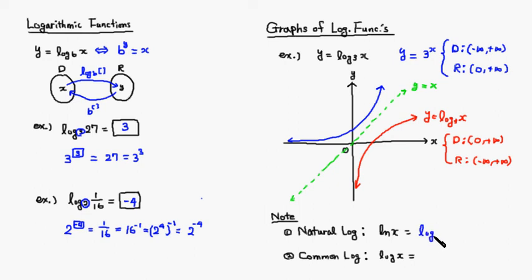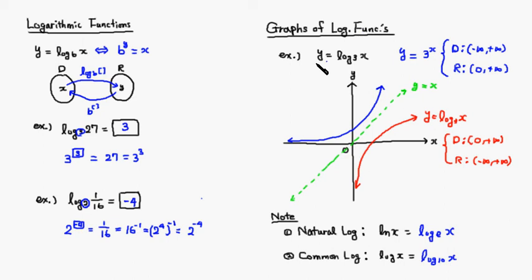So log to the base e of x has the short notation natural log, ln of x. Sometimes you don't write the base, and then it is assumed to be 10. So log of x is actually log to the base 10 of x. This is another commonly used log, called the common log.